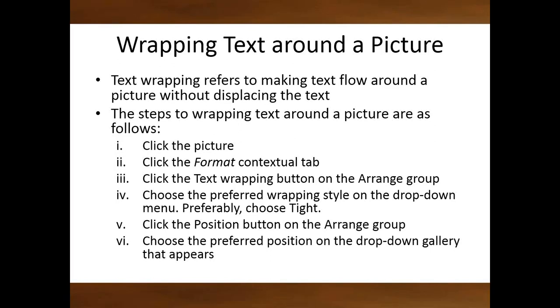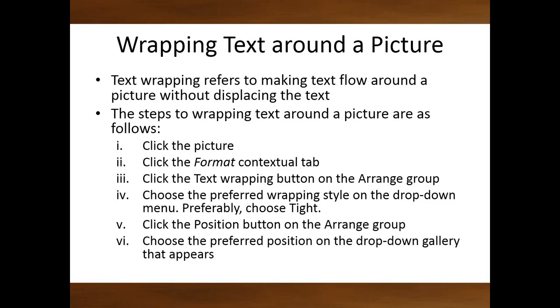Let us look at how we can wrap text around a picture. The first step is to click the picture. The next step is to click the Format Contextual tab. 3. Click the text wrapping button on the Arrange group. 4.